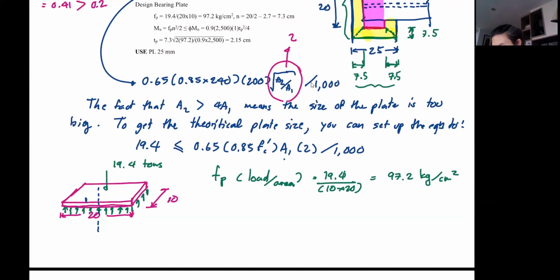And this critical section is just the distance k away from the beam center line. So this distance is 20/2 minus k, which is 2.7 centimeters. Okay, so that's what you get.